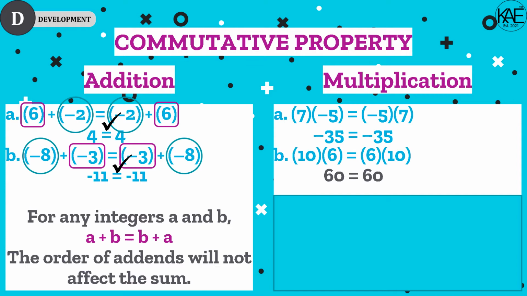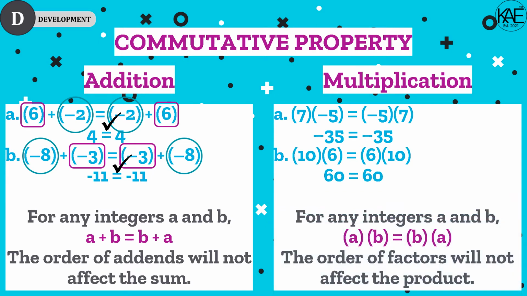The commutative property of multiplication states that for any integers a and b, a times b is equal to b times a. The order of factors will not affect the product.